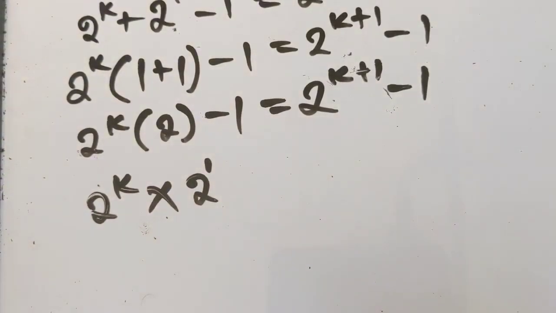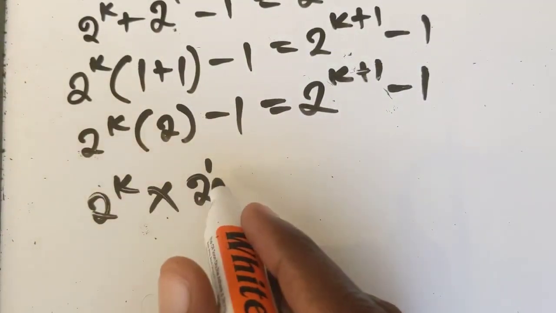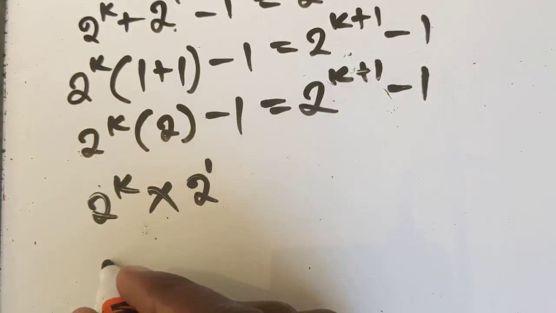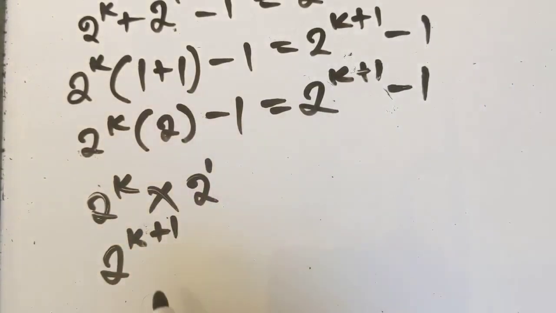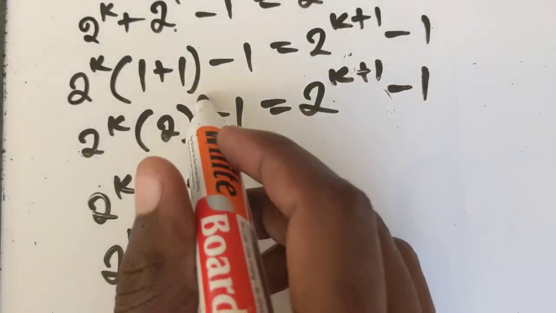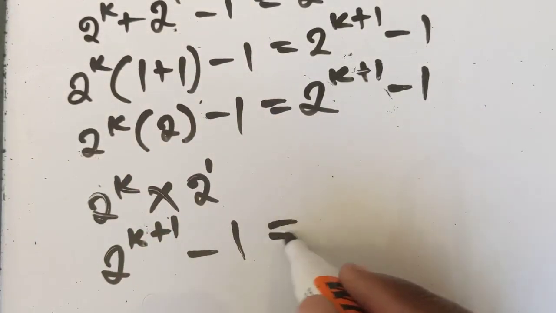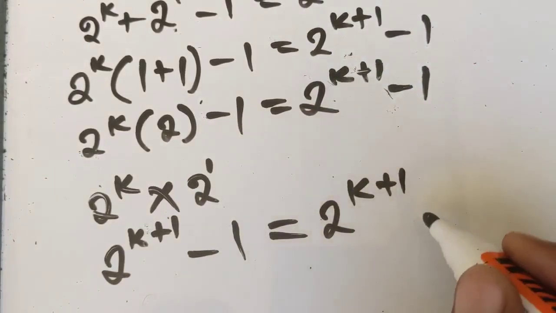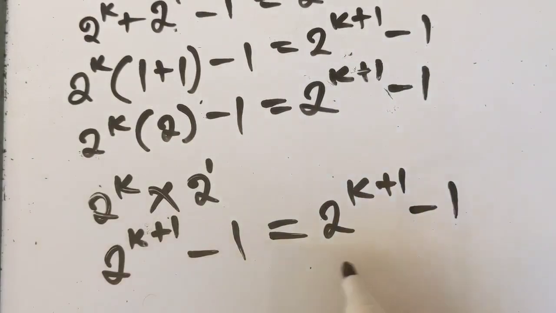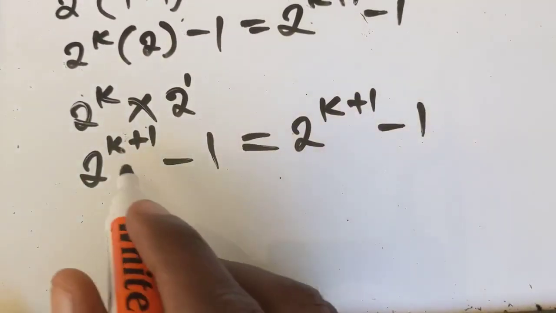When you are multiplying same numbers with powers, you add the powers, so it is going to be 2 to the power k plus 1. Then what is remaining is minus 1. So is it equal to this part? This part says 2 to the power k plus 1 minus 1. Yes, it is equal. So we have proved that this is equal.